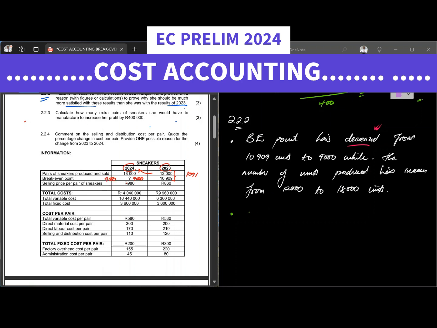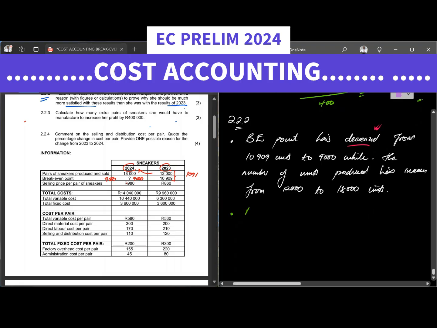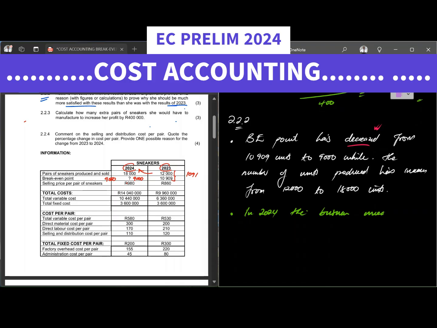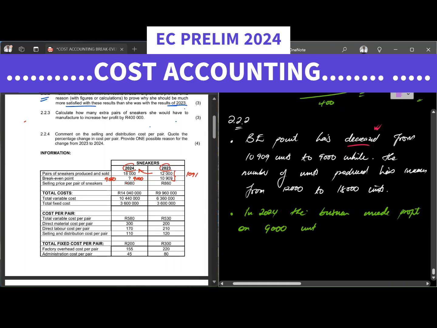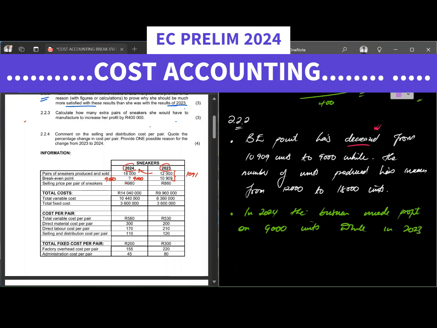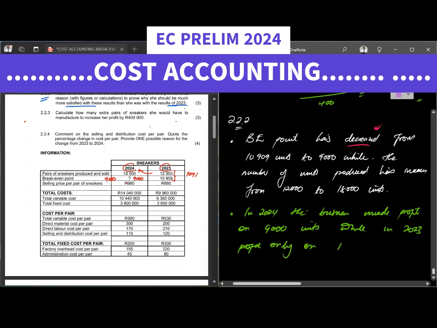Okay, so in 2024, we made profit on 9,000. So my second point is, in 2024, all right, the business made profit on 9,000 units, while in 2023, the business made profit only on 1,091 units.